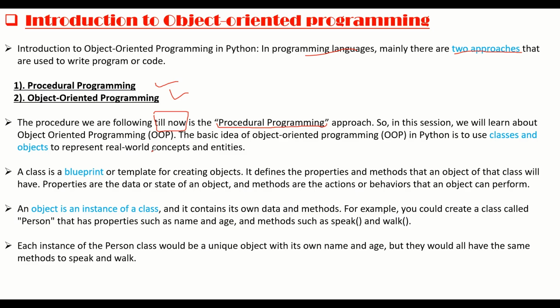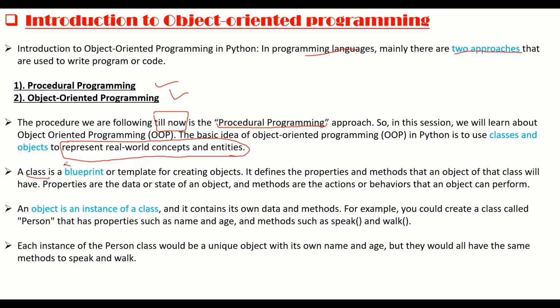The basic idea of object-oriented programming in Python is to use classes and objects to represent real-world concepts and entities. Okay guys, so why do we use object-oriented programming? To represent real-world concepts and entities. So what is a class and what is an object?